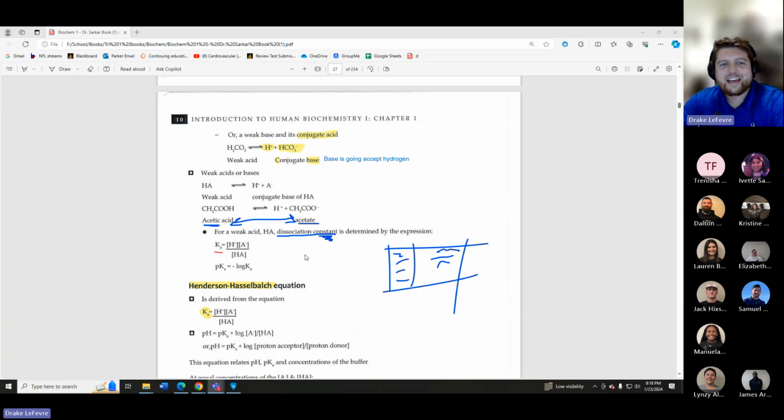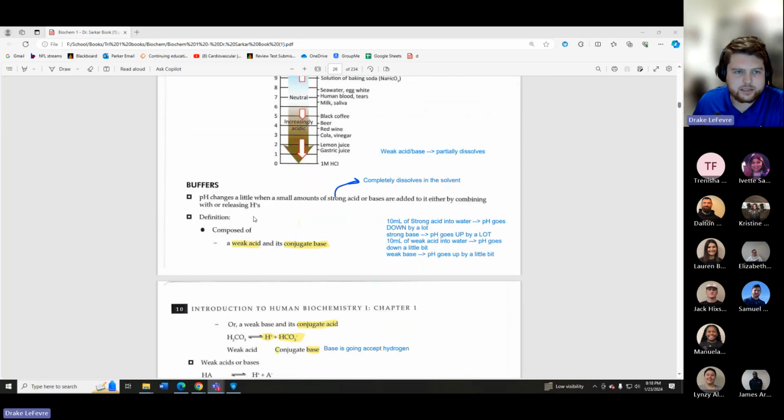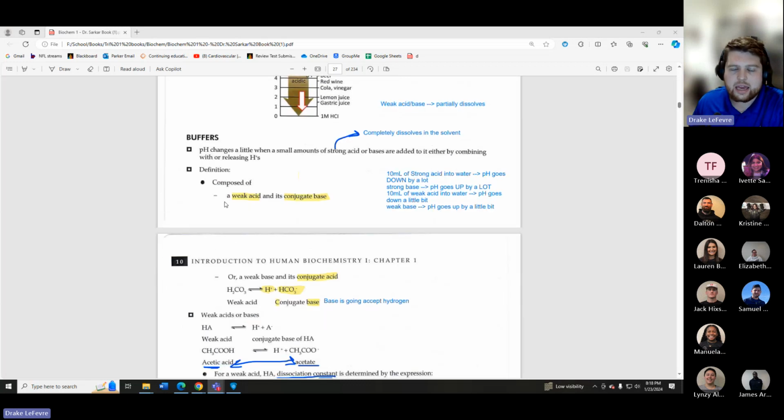Okay. So when we talk about a buffer system, what we're talking about is a weak acid and what's called its conjugate base. So when you put a weak acid, such as H2CO3, that is a weak acid, it releases hydrogen and forms a conjugate base.